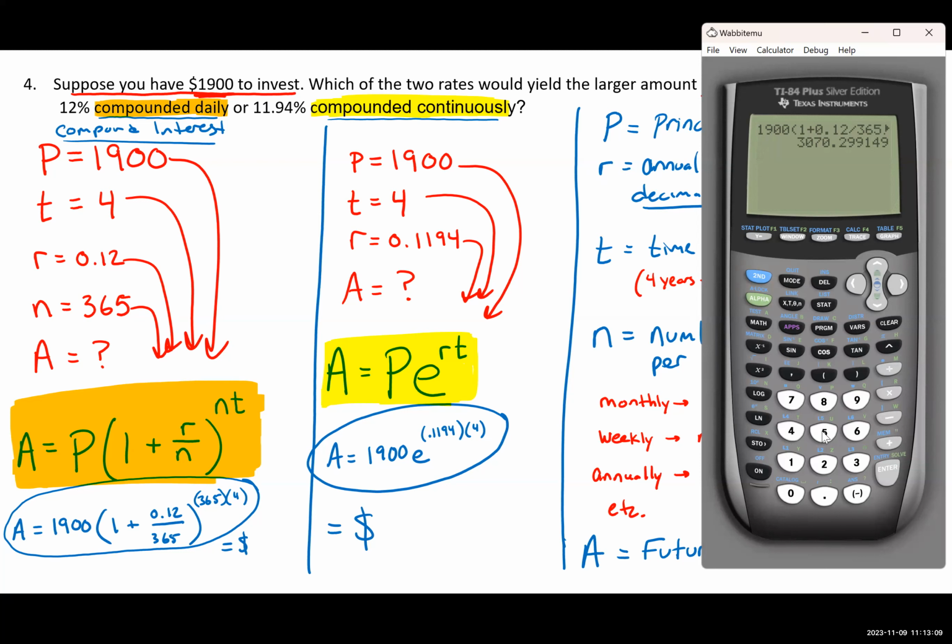And then for the other one, 1900 times e. That's above the ln key, so you see that in blue on the left-hand side. So I need second ln, e to the power of 0.1194 multiplied by 4.